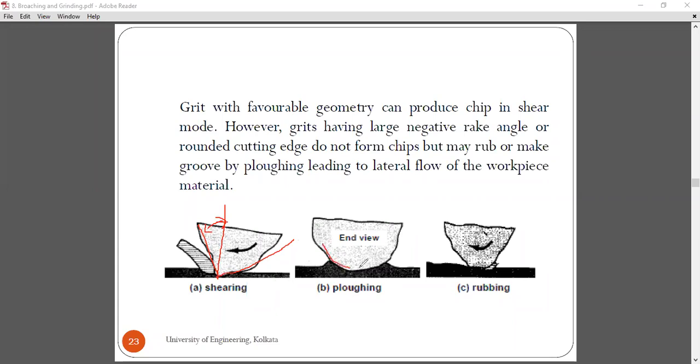However, for this case, it has a round shape, so some plowing action takes place. Some of the material is not removed, but it is displaced from this location to the next location. And finally, it can be a situation where there is no material removal, only rubbing taking place. So these are the three situations that are possible in case of grinding.